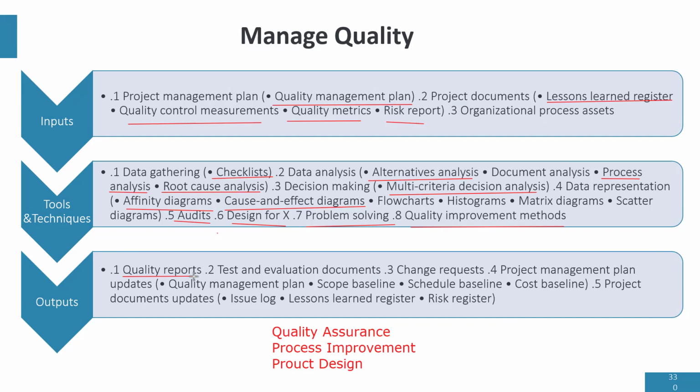The quality report is the report on the quality of the outputs of the project and can recommend ways of improving quality. Test and evaluation documents are created, and this helps us do the final product test and evaluation. These are the two major outputs: the quality report, which tells us what's going on in the project, and the test and evaluation documents, which are used to test the final product.